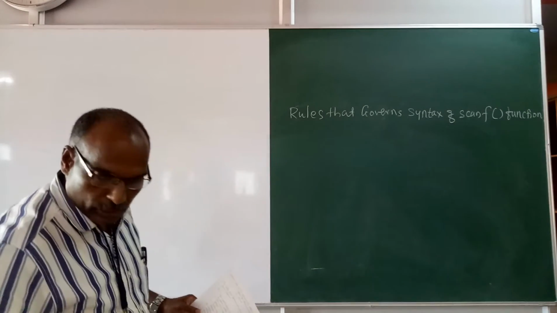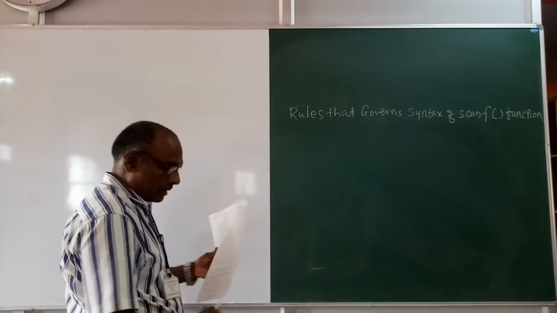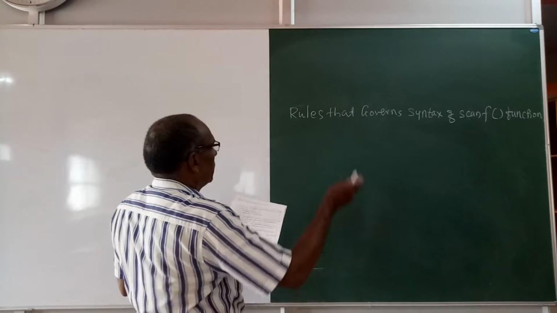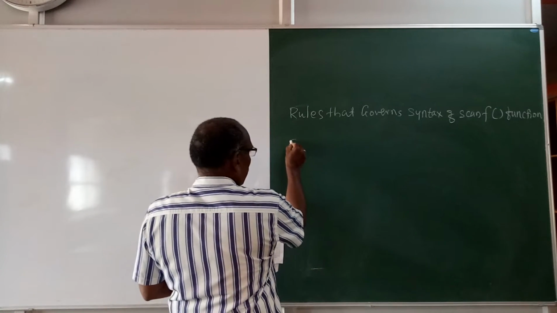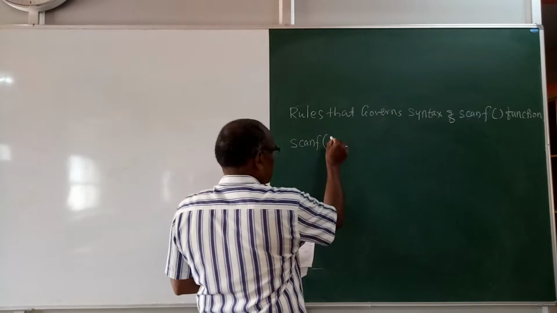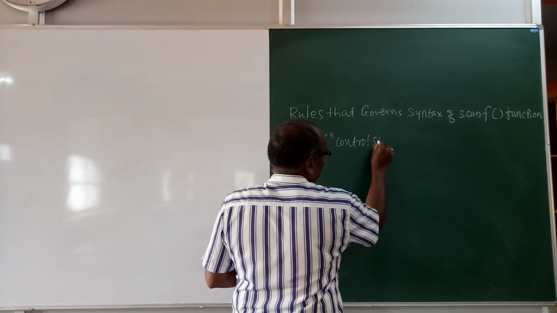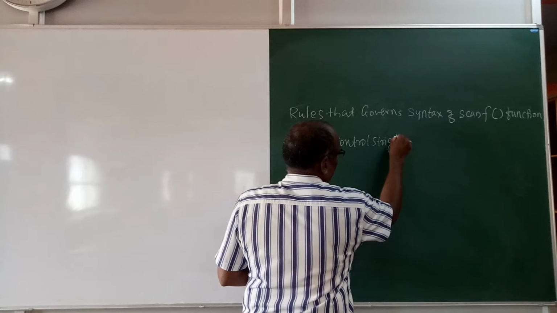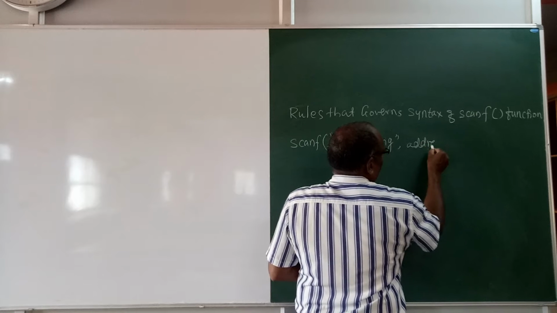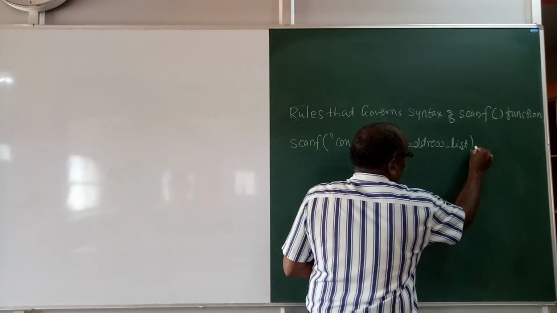Let us do it. I have written here what is called formatted scanf. I'll write once again: scanf, in parenthesis, control string, close this, give the comma, and address list, close this.